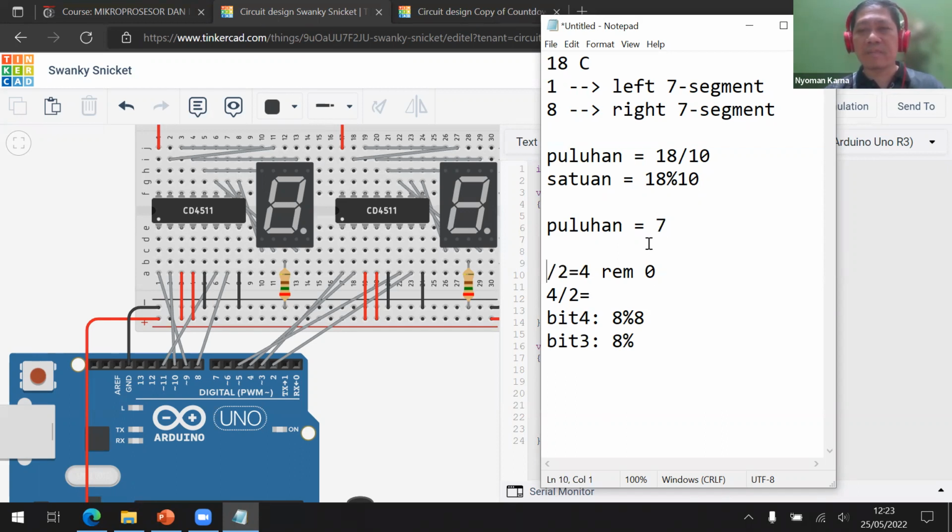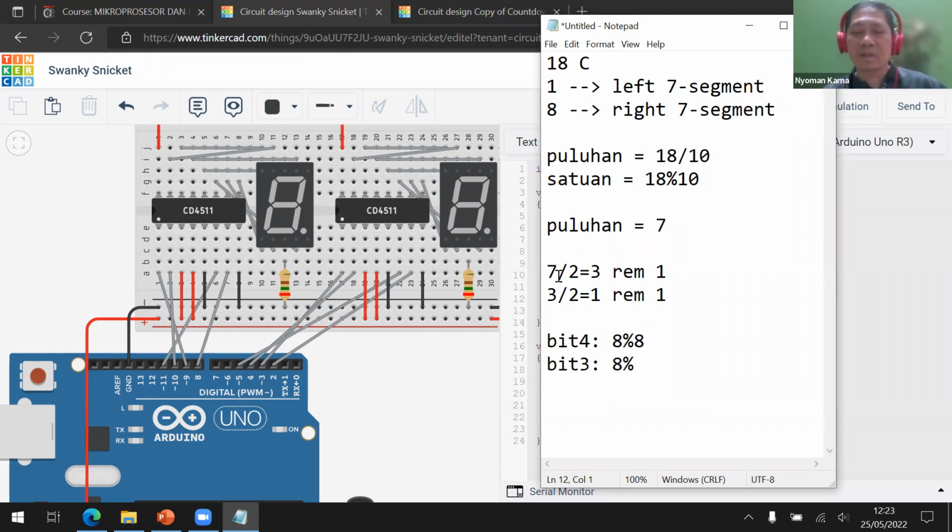Let's say 7. 7 divided by 2, we got 3, and the remainder is 1. And then 3 divided by 2, we got 1, and the remainder is 1. And then the result is 1, 1, 1.